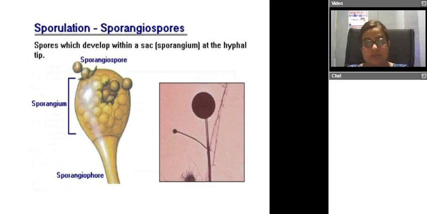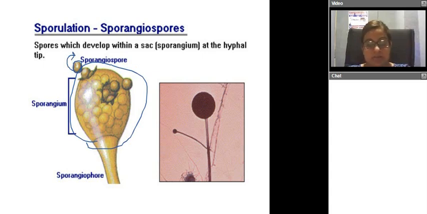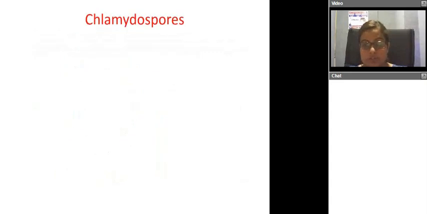Next is the process of sporulation or sporangiospores. This is a sporangium. Minute spores present inside the sporangium are the sporangiospores. These are detached from the parent sporangium and grow into new individuals.